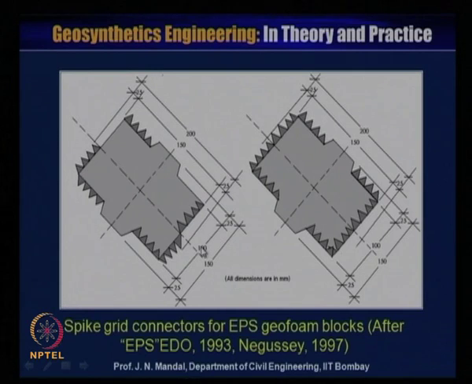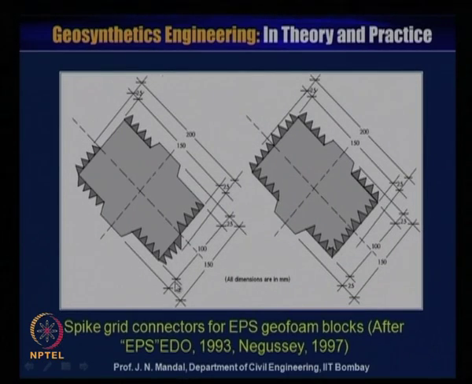Here is the spike connector of EPS geofoam block, after EPS EDO 1993, Negoci 1997. Here also you can see that this is 150 millimeter and this distance is about 100 millimeter.